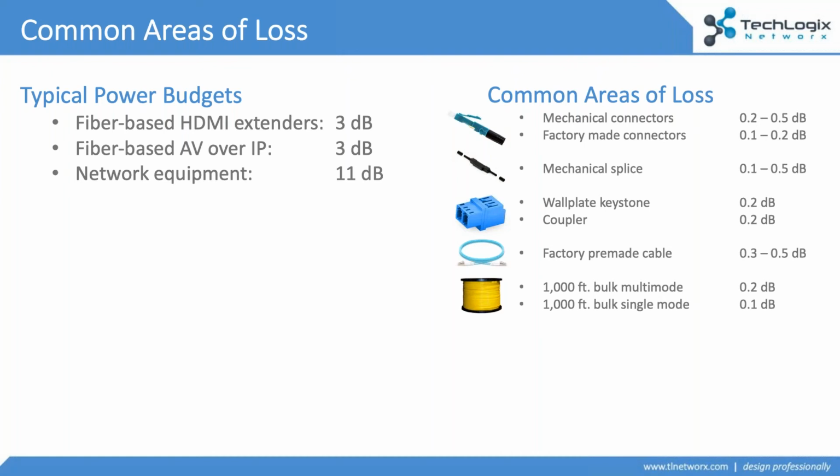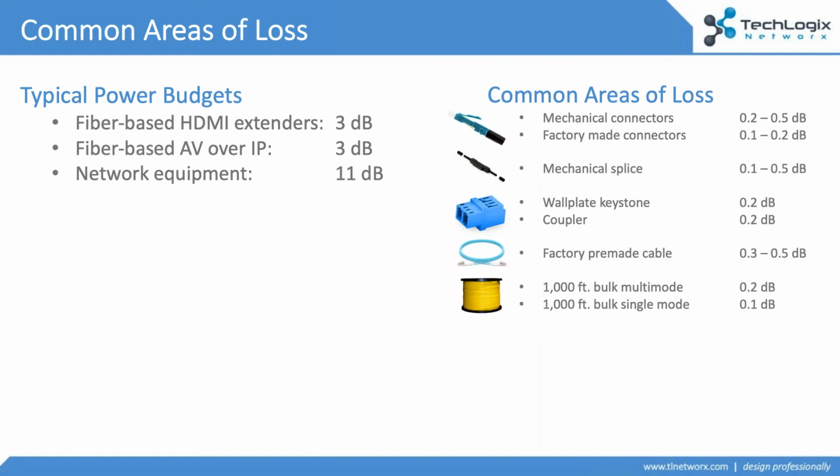Whereas in an HDMI or a video environment, if you start to lose packets, you have a loss of signal. And a dropout in signal is what we would consider a catastrophic failure. You just can't have that. So the tolerance, that power budget for AV over IP devices and HDMI extenders, is very different than the networking world.